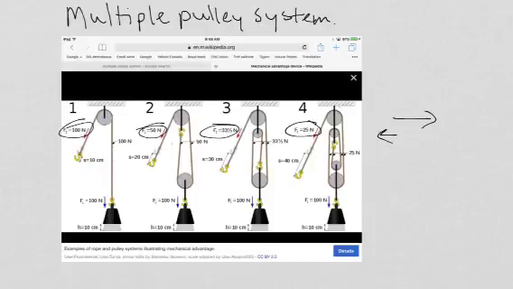And the whole point of using a multiple pulley system, just like a movable pulley, is that it decreases the numerical amount of effort force required. So it does have a high mechanical advantage. And the mechanical advantage increases the more pulleys you have, until you reach a limit.